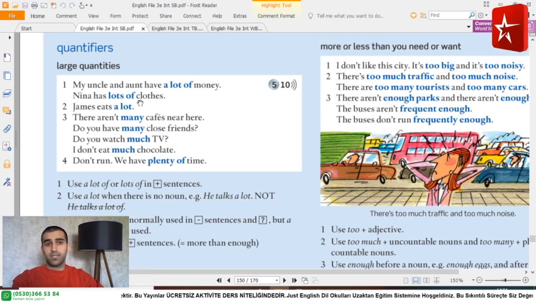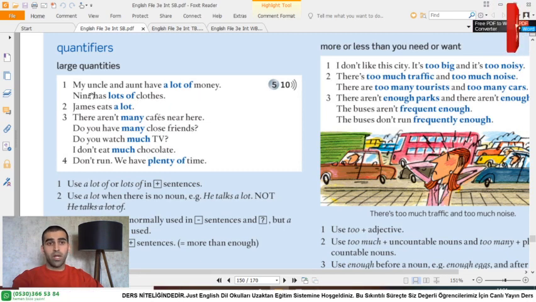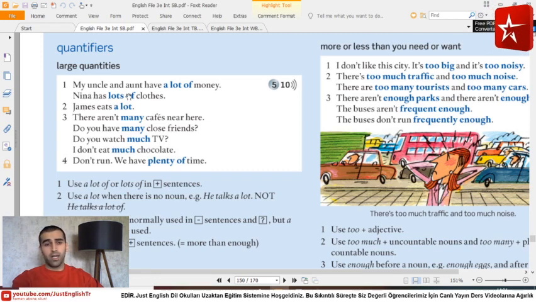Actually, there is no difference between a lot of and lots of. Regarding the grammar, we can use both of them. For example, my uncle and aunt have a lot of money, or my uncle and aunt have lots of money. It doesn't matter. Nina has lots of clothes, or Nina has a lot of clothes.